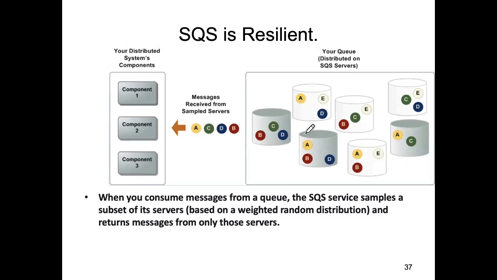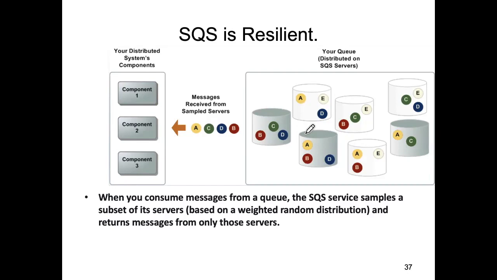There are a couple of points I want to get across from this slide. When I talked about SQS initially, I said that it was a distributed service, or queues were persisted in a distributed way. And so it turns out that when you create a queue, there are actually multiple copies of that queue stored on various servers scattered around a region.